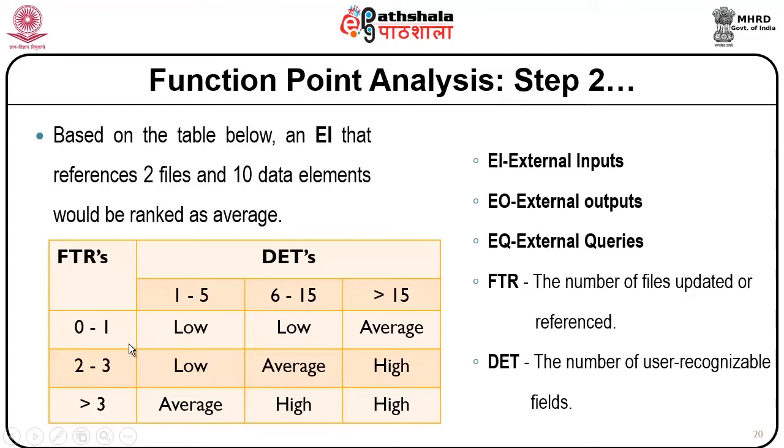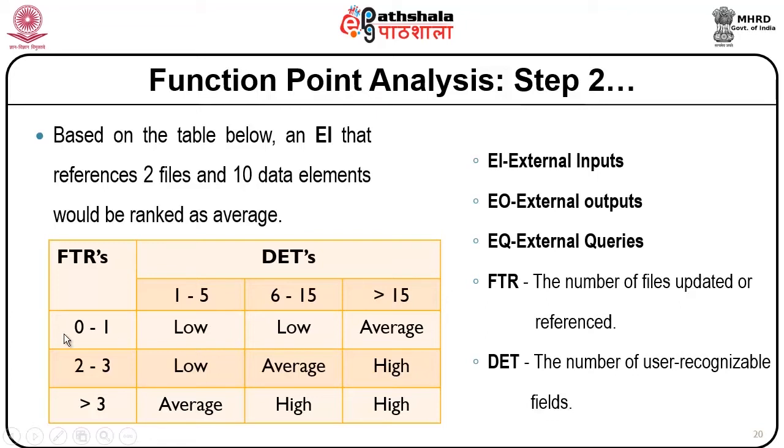Now, to clarify the number of files updated or referenced and the number of user recognizable fields with respect to this table: if the number of files updated or referenced is 0 to 1 and the number of user recognizable fields is from 1 to 5, then it is ranked as low.